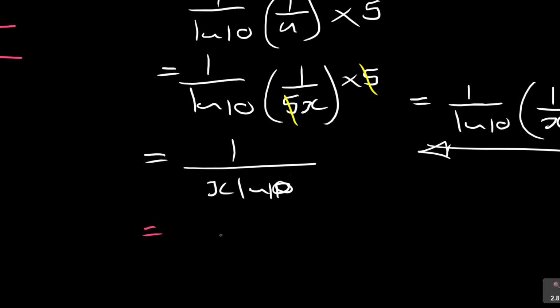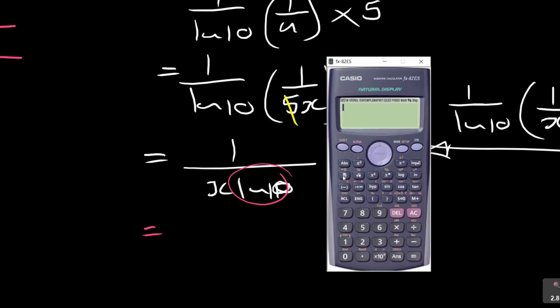What will this one be? Remember, 1 over ln 10, with ln 10 at the bottom. If I say 1 over ln 10, what does it give me? It gives 0.4343.